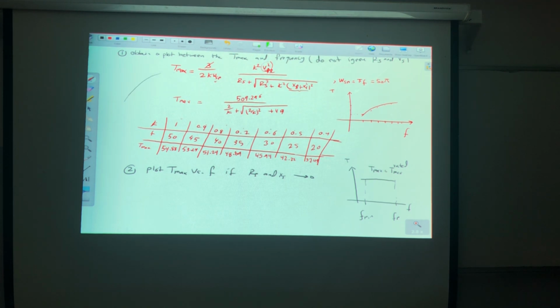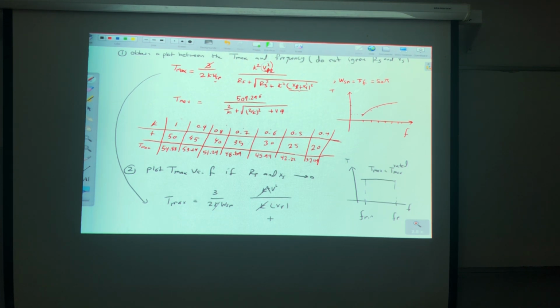From here, T max will equal 3 over 2K, omega Sm, K square, V square. Now this one will be K, X, R. K will cancel this one and this one, and in the end of the day, those are constant at the rated value.